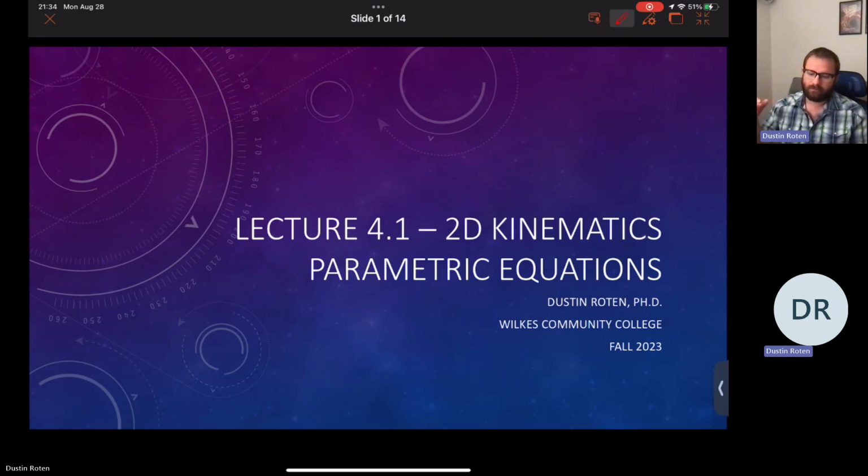Since you all have had calculus, I have decided that I would like to talk about parametric equations a little bit more than what the book does. This topic is a little more advanced than what you might see in a Physics 1 course, but parametric equations are really fun to think about and talk about, and I enjoyed it.